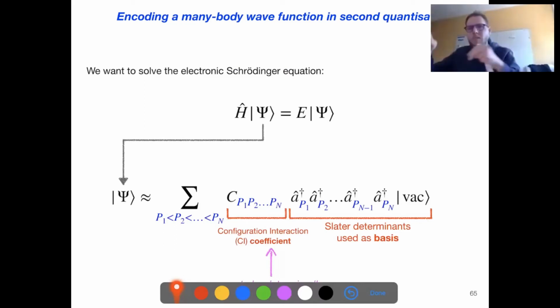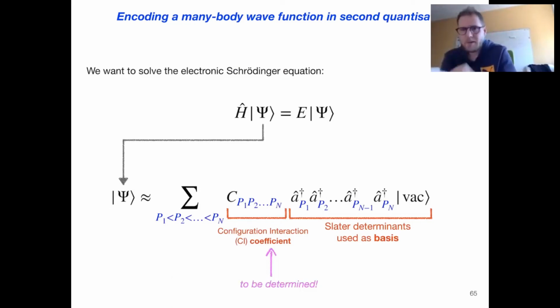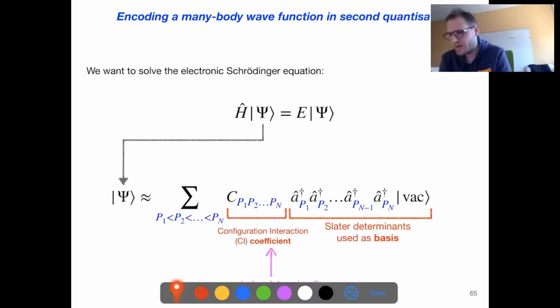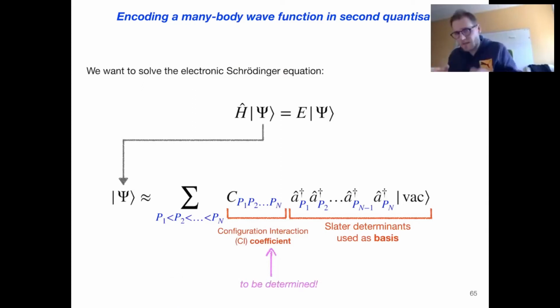Somehow I'm spreading my electrons over lots of spin orbitals. And in front of each Slater determinant, I will have, of course, a coefficient that I need to determine. In the language of quantum chemistry, we call this the configuration interaction expansion. So I have all these Slater determinants, and I have these coefficients. I'm really using the Slater determinants as a basis.